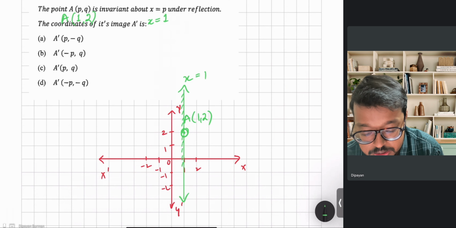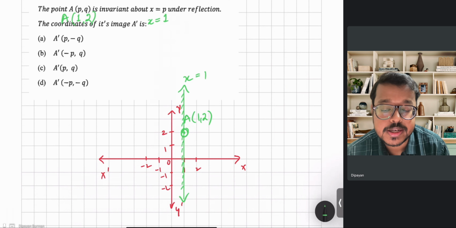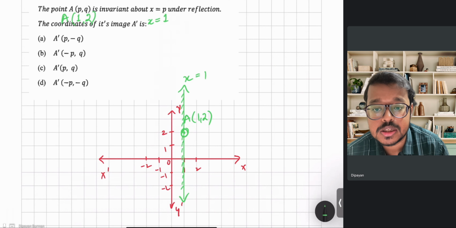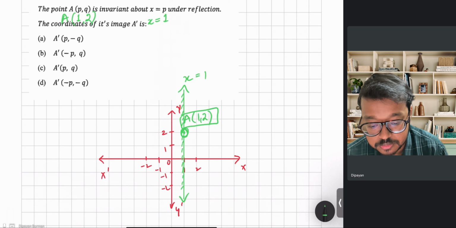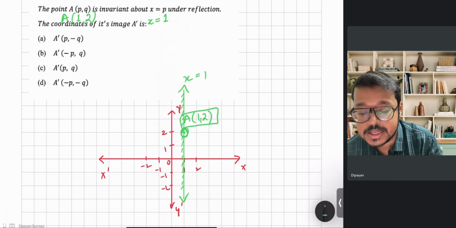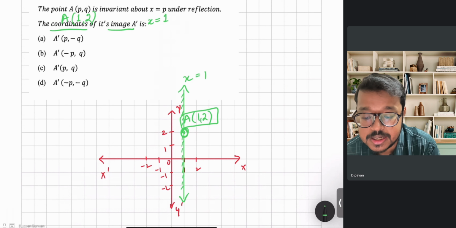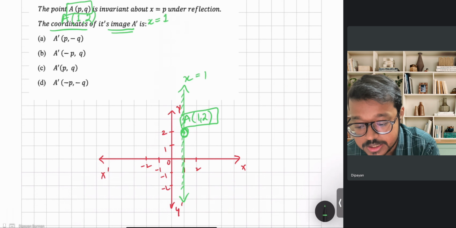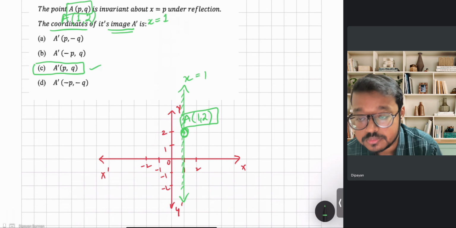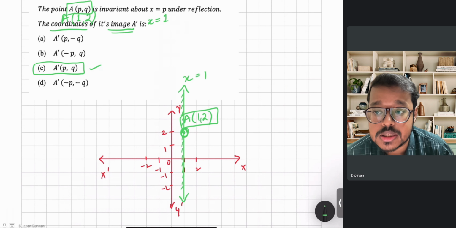So the point is again lying on the mirror itself, so the reflection under this line will be invariant. So the image is also the same point, which is (1, 2). Now they're asking the coordinates of its image A dash. So the image A dash coordinates will be exactly the same as coordinates of A, which is (p, q). So hence option C, A dash (p, q), is the correct answer.